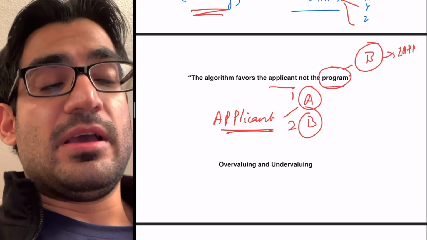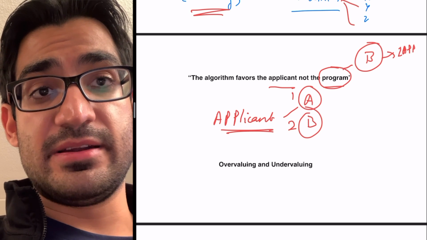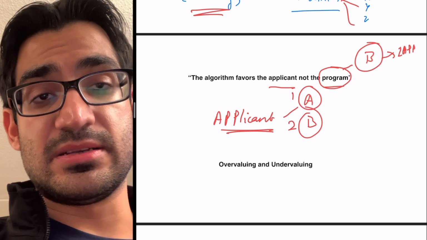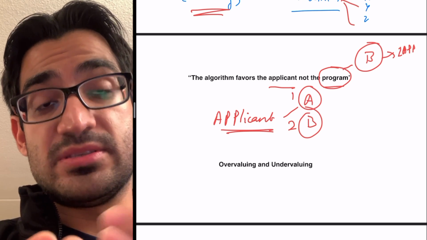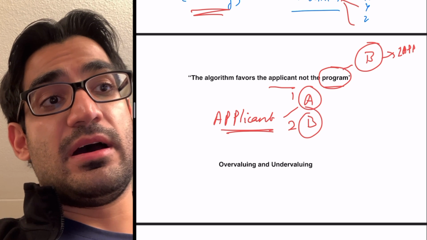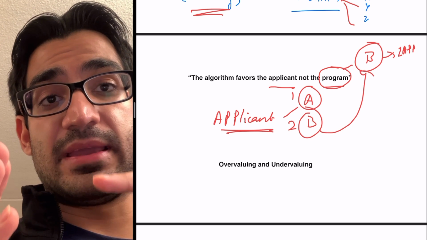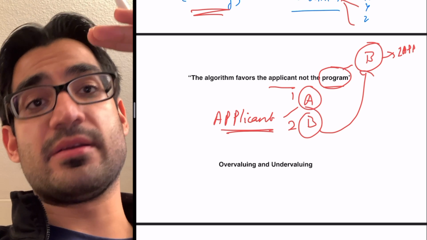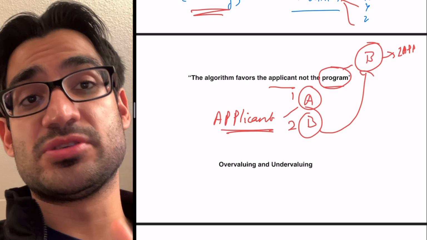But if program A does not rank the applicant high enough, such that the applicant isn't able to get past all the numbers into the program's positions, and all the program's positions get filled, then the applicant will end up matching with program B, provided program B has ranked the applicant at a spot high enough that their positions do not get filled.